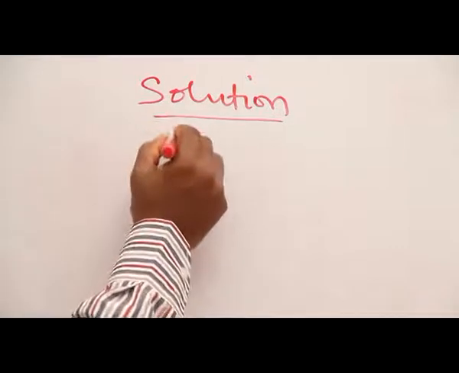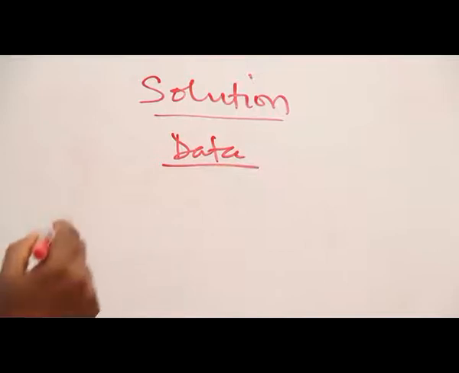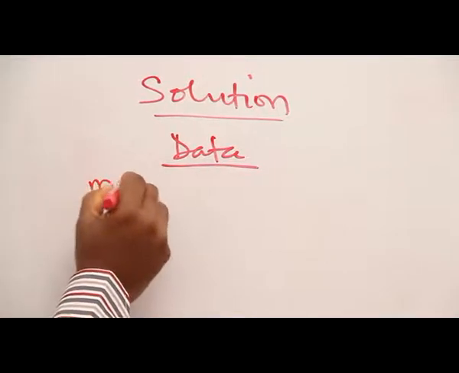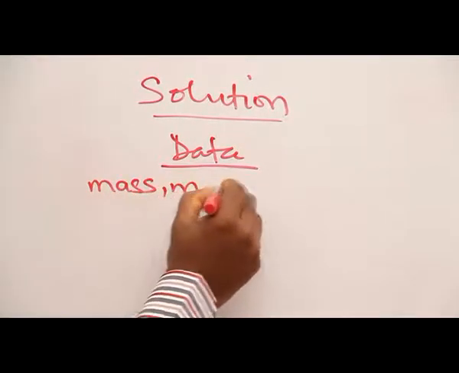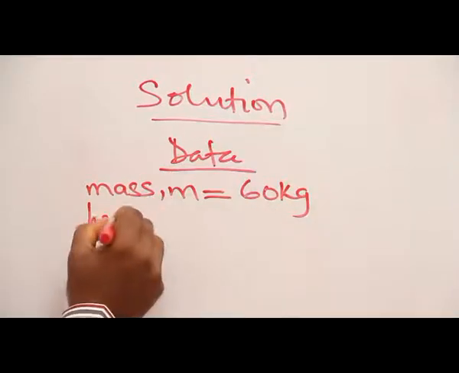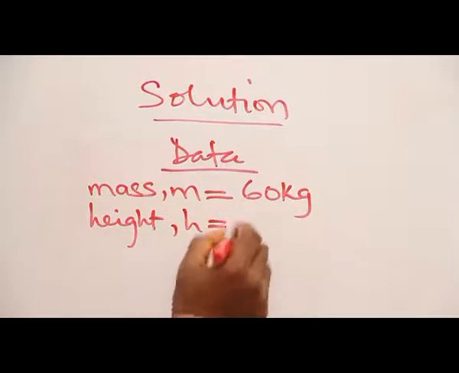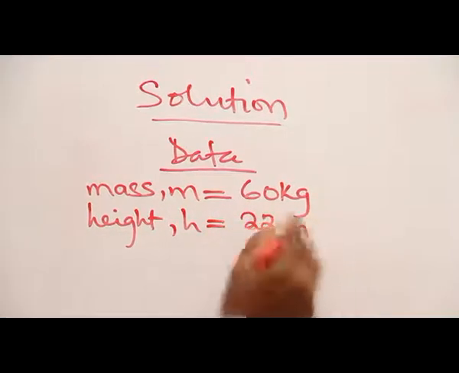First, the information we can get from the question is as follows. The mass of the man is 60 kilogram. We are also told it is at a height of 22 meters.